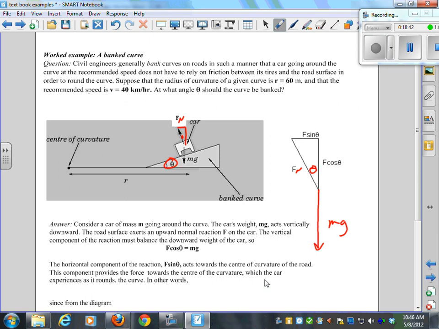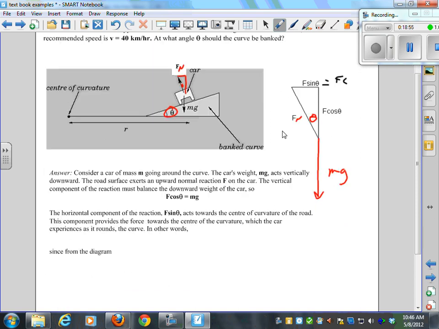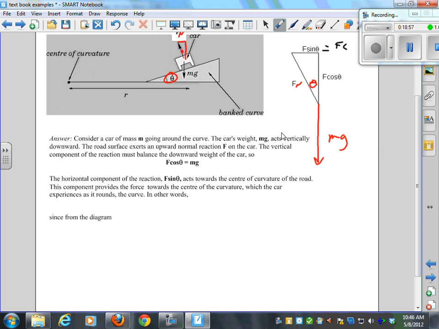In other words, F sine theta is equal to the centripetal force, which is equal to mv squared over r. So what I've got is F sine theta is mv squared over r, and F cos theta is equal to mg.